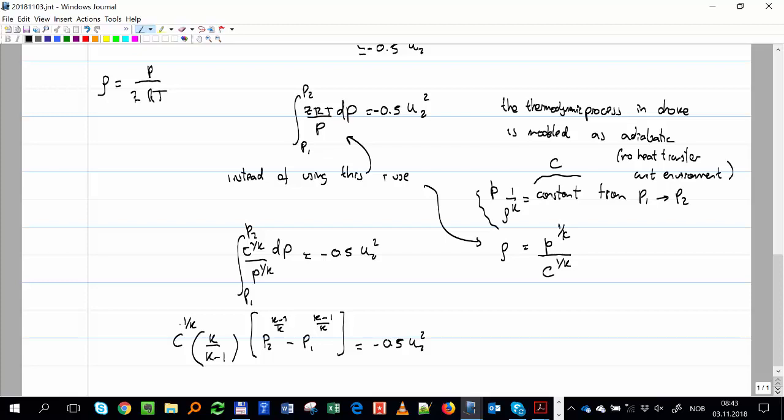Then I take P1 as a common factor, so I have P2 divided by P1 to the K minus 1 over K, minus 1, times P1 to the K minus 1 over K, times C to the 1 over K.